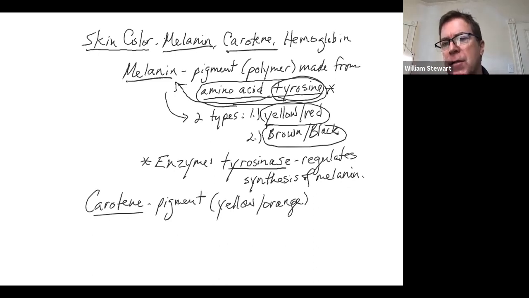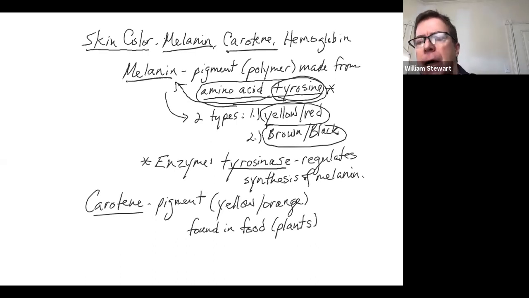So I'm just going to say found in food, then in parentheses, I'll just put plants. It's where carrots get their name. So carrots are obviously high in this pigment, this yellow-orange pigment. Other foods are too as well. Egg yolk has some of this pigment in it.